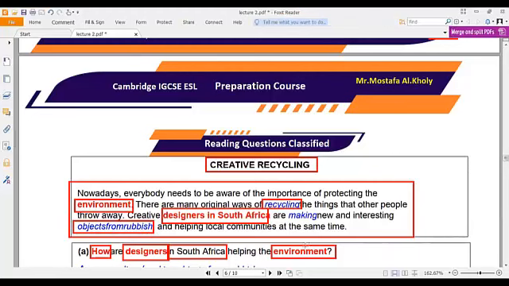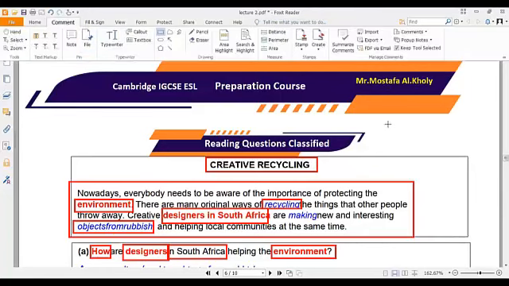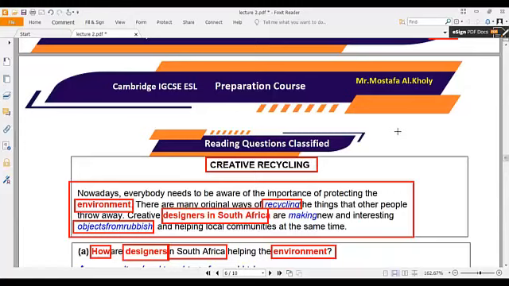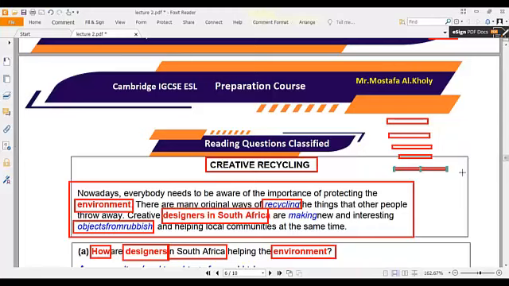Very good. All we did while reading was to identify the words in the text that are similar to the words in the question. And that is what we called step 1, underline the keywords in the question. Now step 2, pay attention. The answers are in order. What does that mean? Suppose you have 5 questions, 1 2 3 4 5. The answer of question 1 is in paragraph 1.